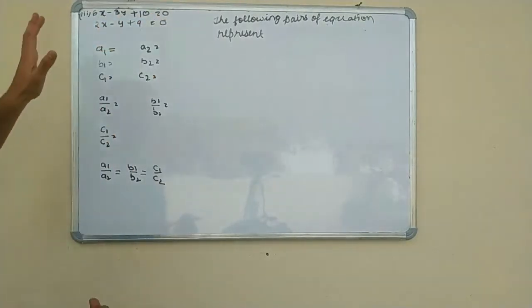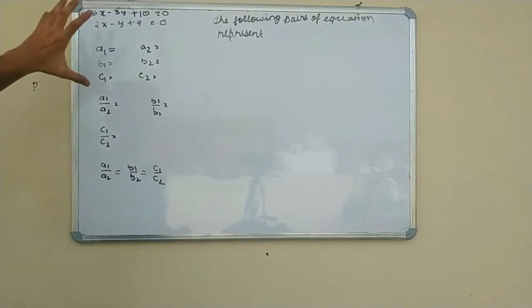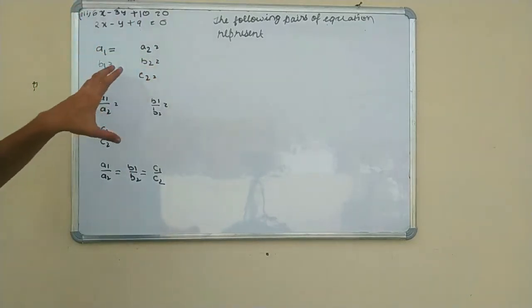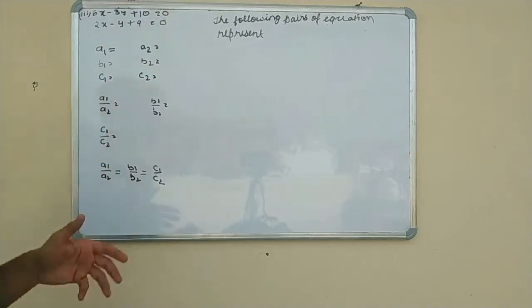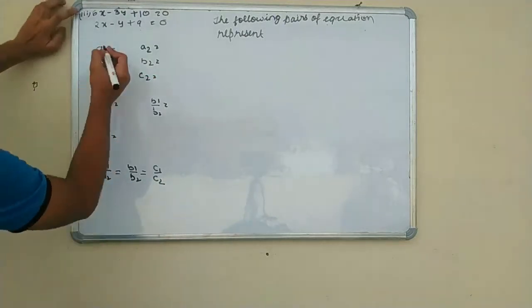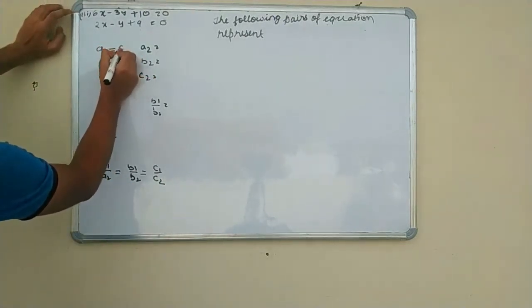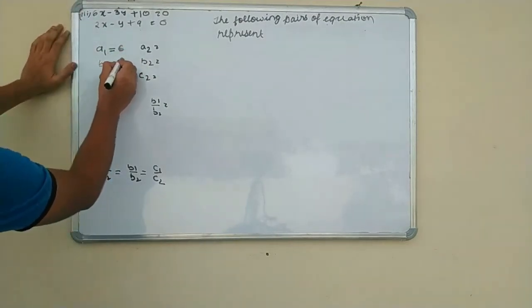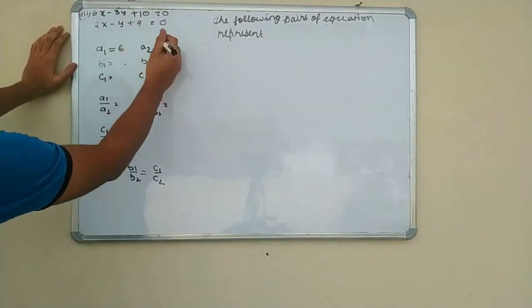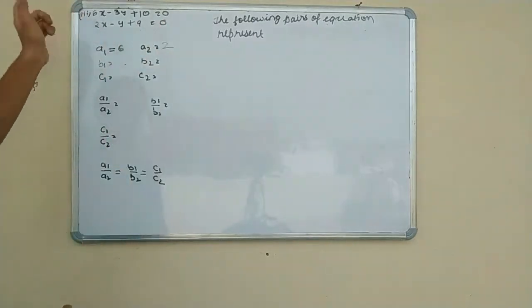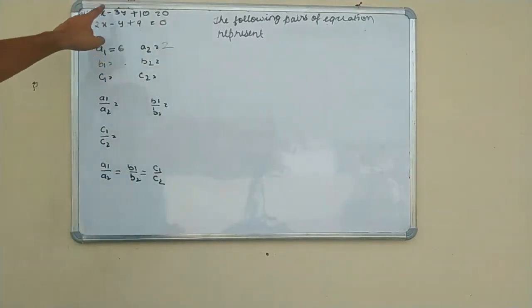Here also we will do the same thing. We will find out a1, a2, b1, b2 and c1, c2, and then we will compare the ratios. Okay, so a1 is 6, the coefficient of x in the first equation. a2 is 2, the coefficient of x in the second equation. Here b1 is minus 3.